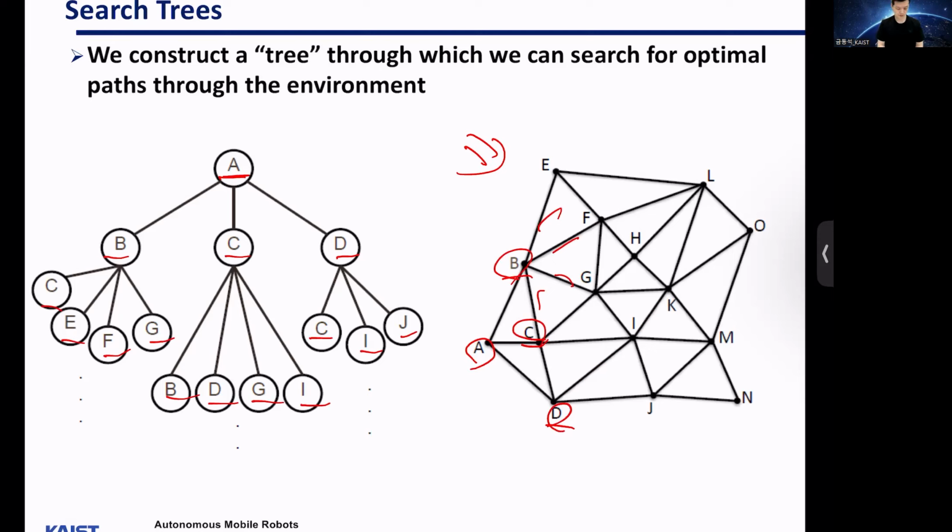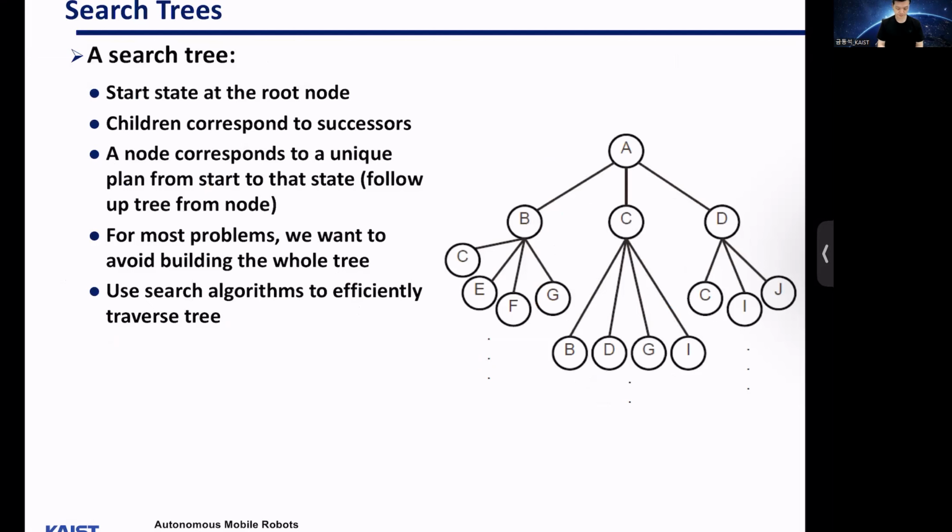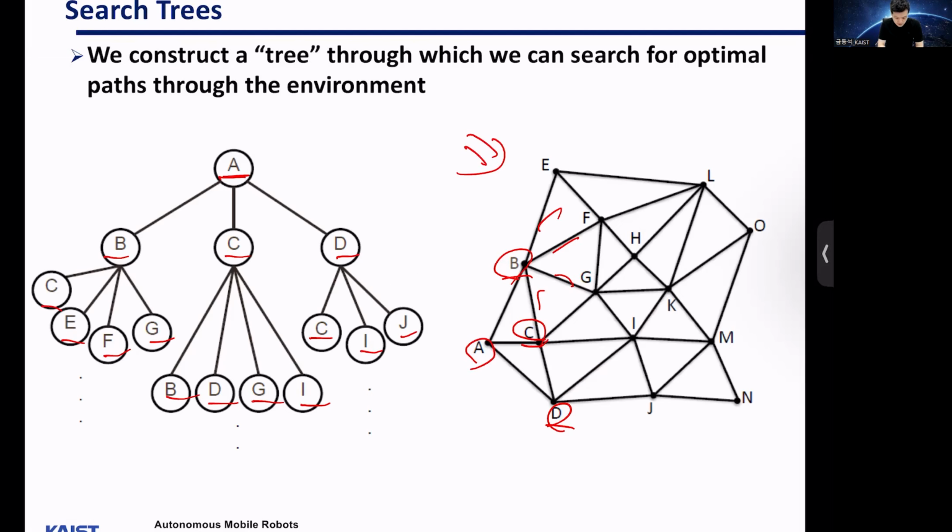The nice part here is that we are considering all the combinations, all the paths, but the problem is that this can be redundant.